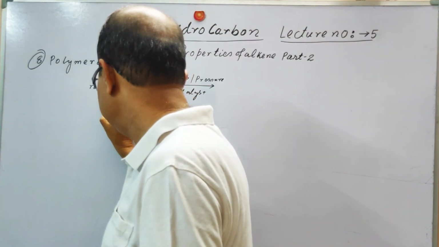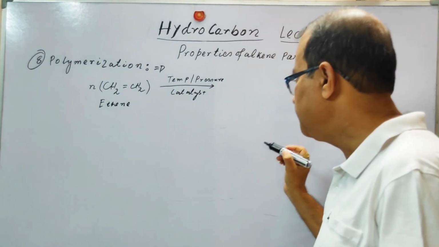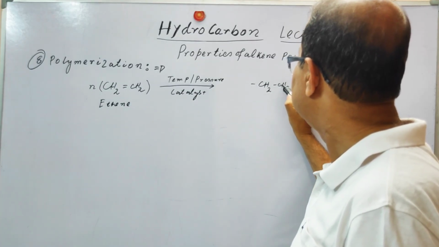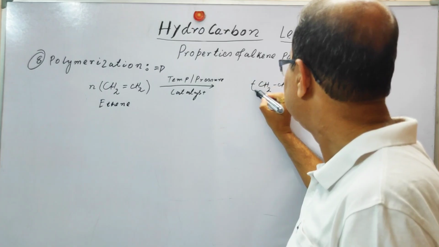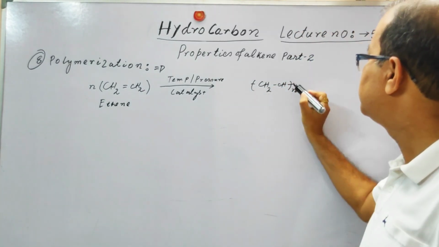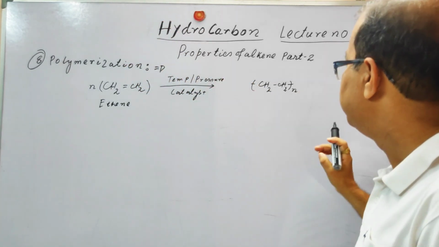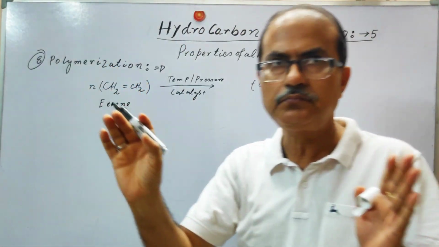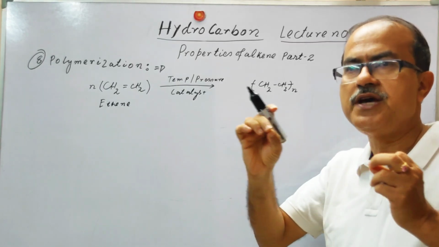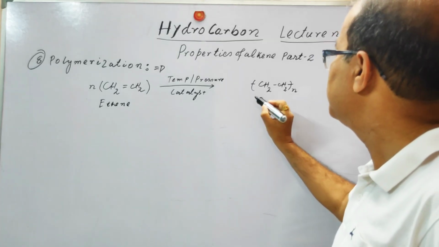This is ethene and it is going to produce this. You can see these CH2 units have been joined together to make a bigger molecule. We took n number of ethene molecules, and these n molecules have been joined together to produce this.